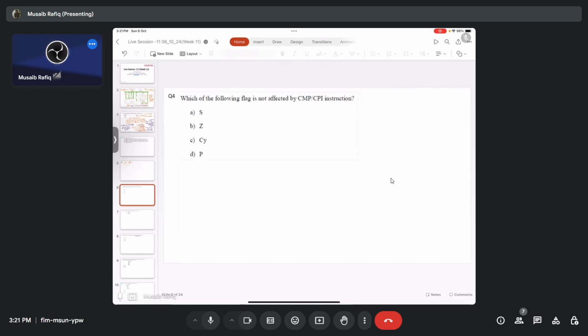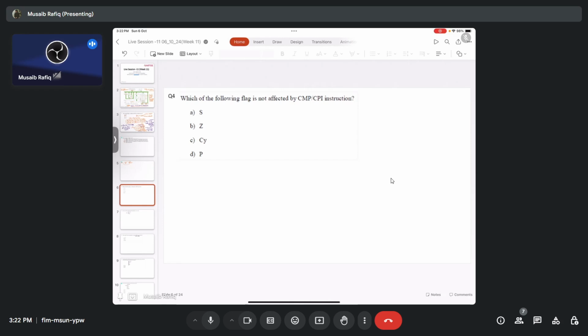So the question asks us, which of the following flags is not affected by the CMP and CPI instructions? Anyone?